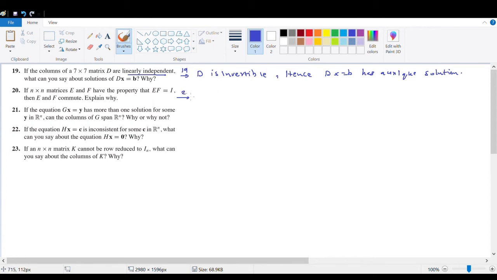So let us write it here. If EF equals I, since it is given that EF equals the identity matrix, that means both E and F are invertible.